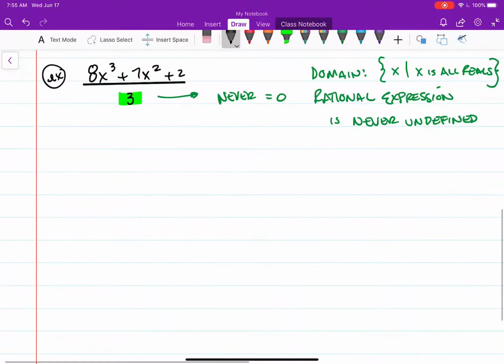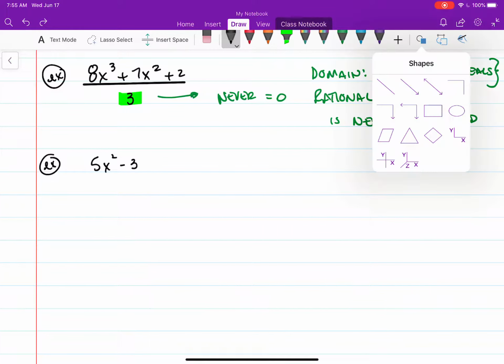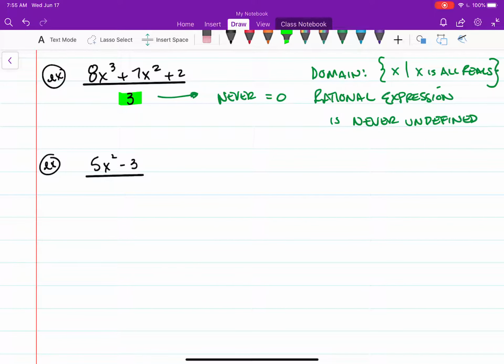Okay, let me give you another example. Let's say I got 5x squared minus 3 over x minus 1. Let's actually do a line here so it looks better. Again, it's going to ask you, when is this fraction or rational expression undefined? So when it asks you anything, we always look at the denominator.